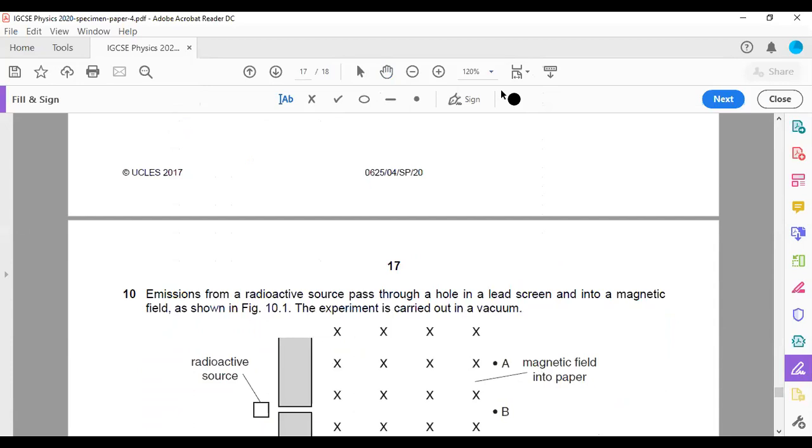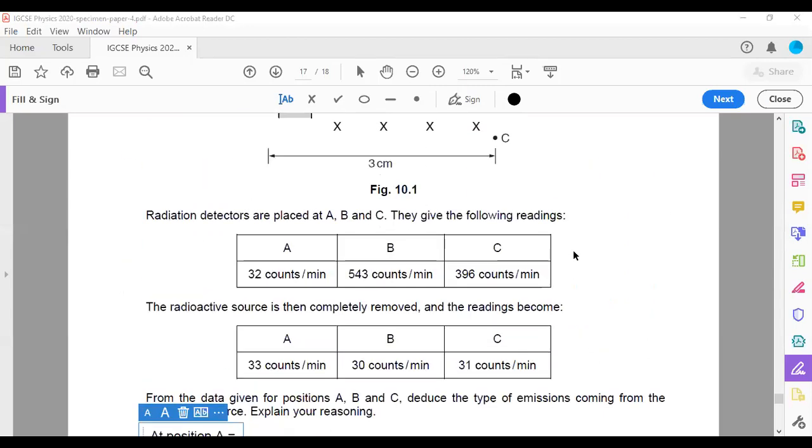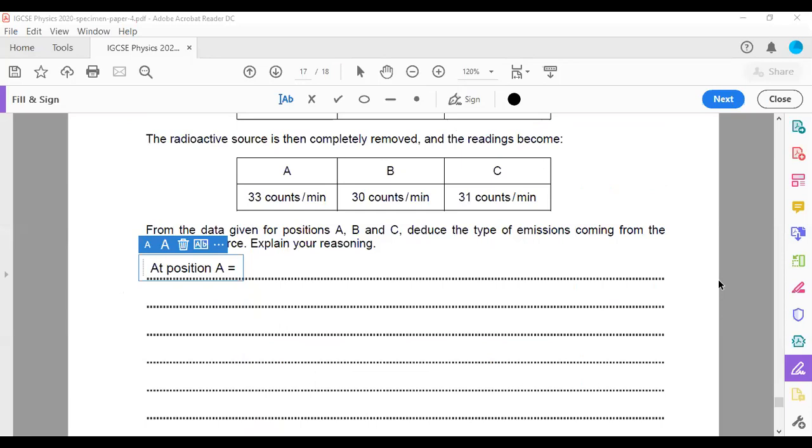Position A should be, good, alpha, nice, excellent. So position A is alpha. So at position A, they are alpha particles.